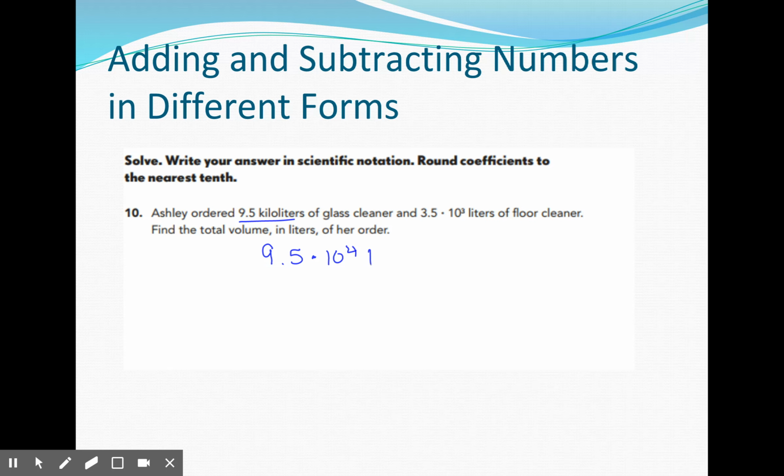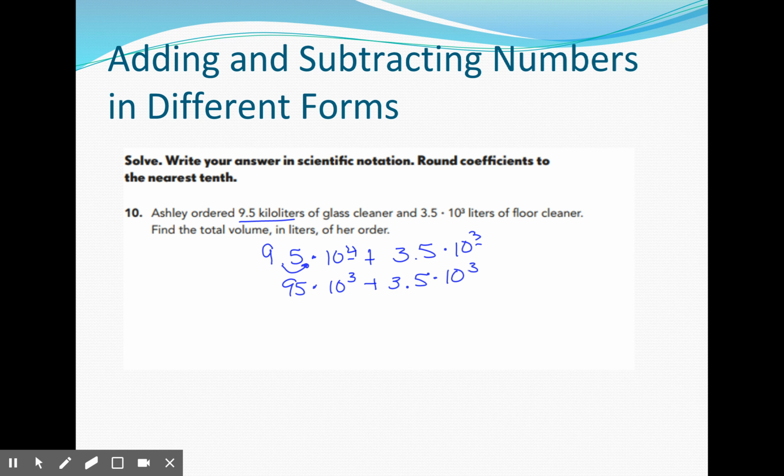So we want to add 9.5 times 10 to the fourth plus 3.5 times 10 to the third. So again, I can't add because I have different exponents. So I need to bring this one down to 10 to the third, which means I'm moving my decimal over.